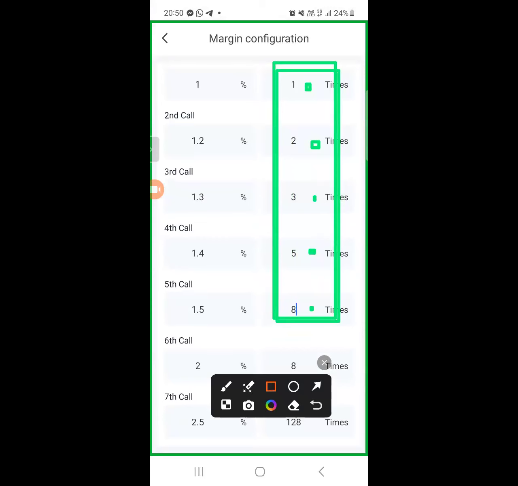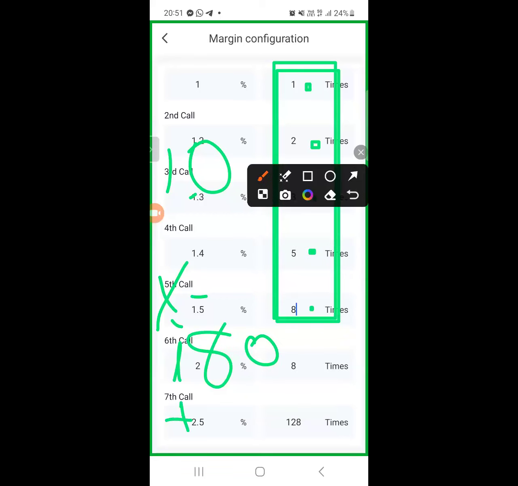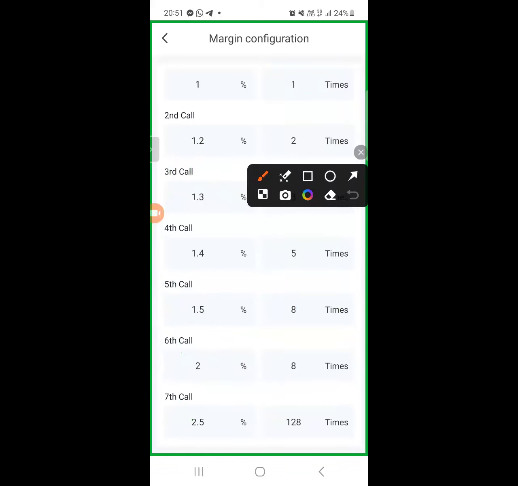So you multiply the 18 times your first buy amount, which is 10. So 10 times 18 is giving you 180, 180 plus the first buy amount 10, which is giving you $190. Are you getting it? $190.